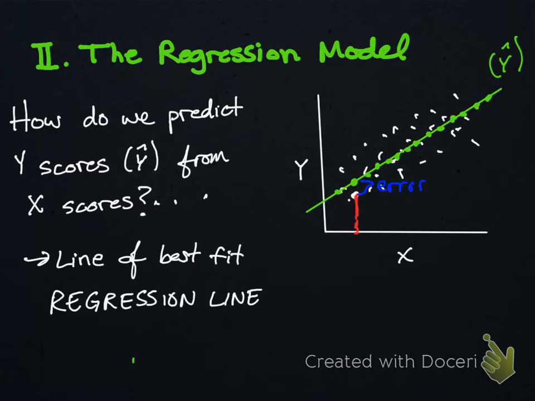And so the question then is, how do we determine this line of best fit? Or what criteria do we use to determine this line of best fit? Well, the criteria we want to use is something called minimizing the residual sum of squares. And when we make reference to the residual, we're making reference to this error right here. We want to minimize the amount of error in our prediction, so it's a relatively straightforward idea. But let's talk about this a little bit more in depth.